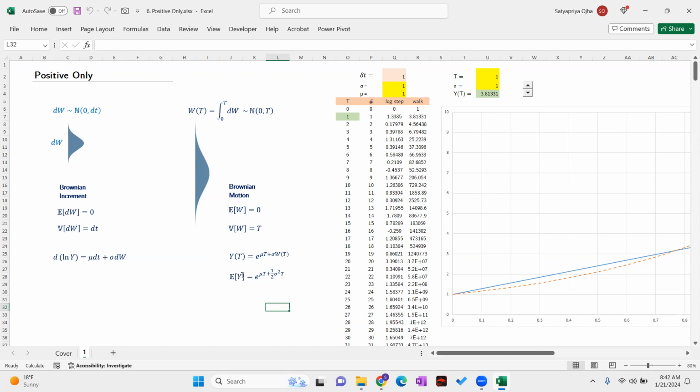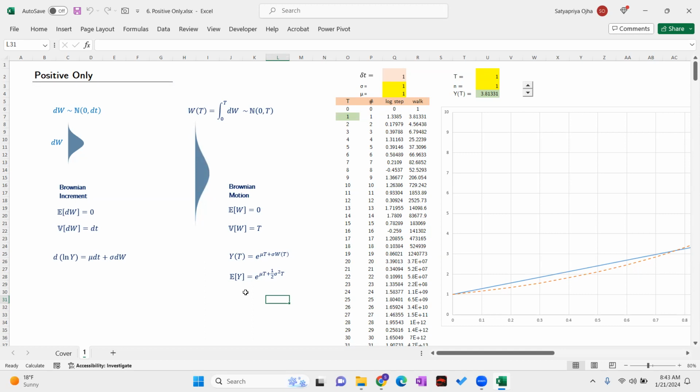All right. So this is the process, and then you get the expectation as e to the power mu t plus half sigma square t. Where does this plus half sigma square t constant come from? There are multiple ways to get to this. Ito calculus is the simplest way. But if you look at the property of log normal distribution, the formula for mean is this, actually. Look at Wikipedia.